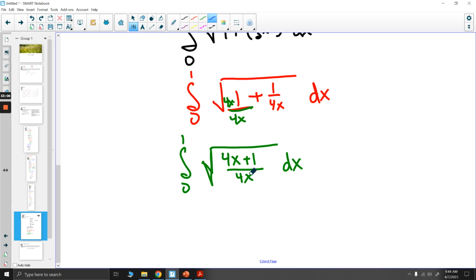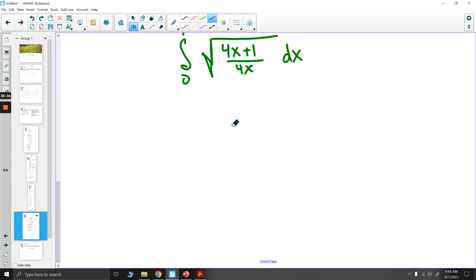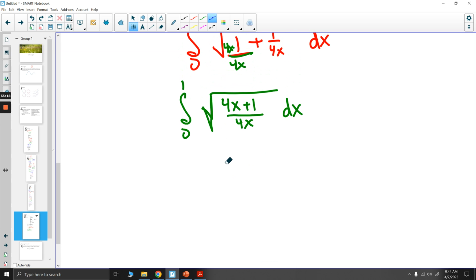So we could potentially pull out the 4 if we need. That wouldn't necessarily do us well. But basically, that is to say, this is like the square root of 4x plus 1 over like 2 square root x, something like that. So we have that available to us.